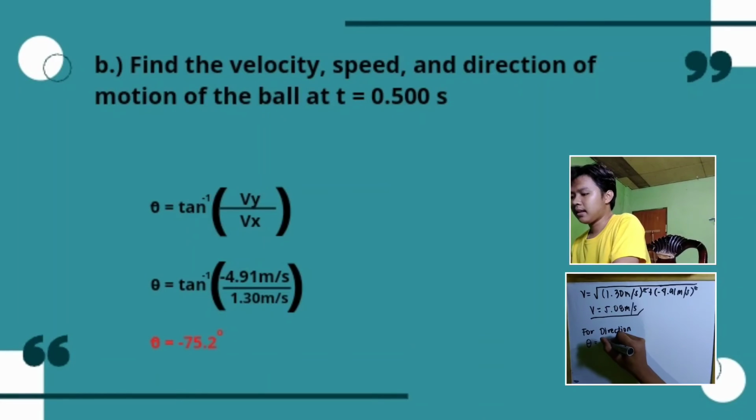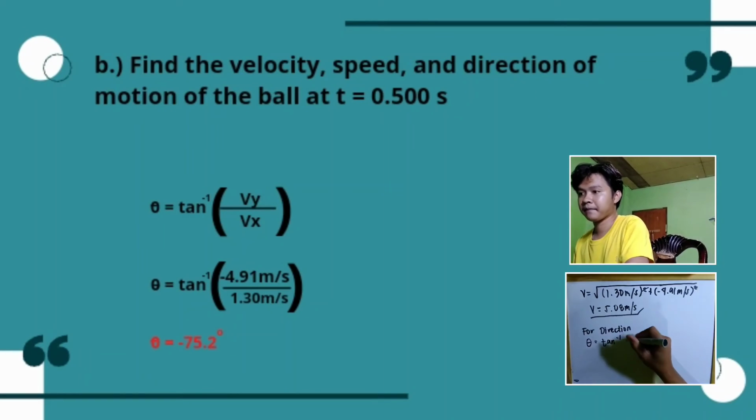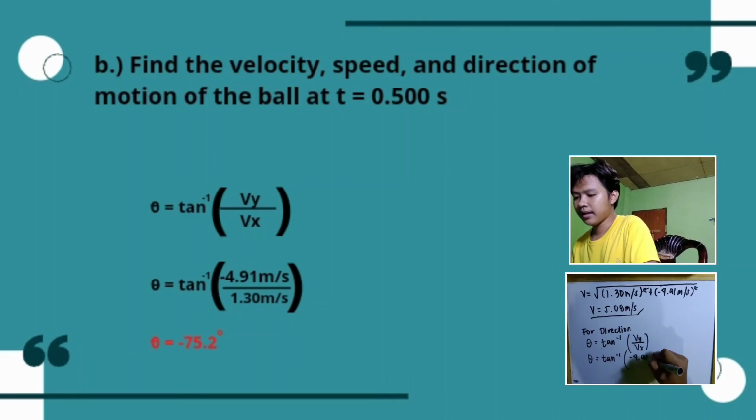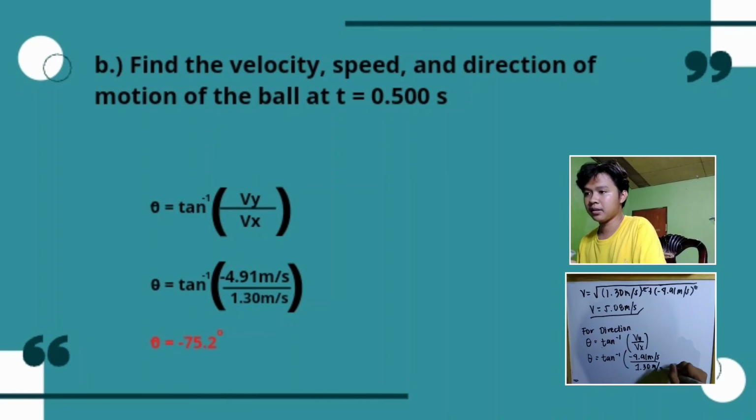For the direction, angle theta equals inverse tangent of v sub y over v sub x. So, substitute: angle theta equals inverse tangent of negative 4.91 meters per second over 1.30 meters per second.